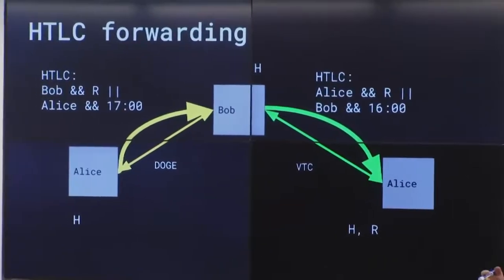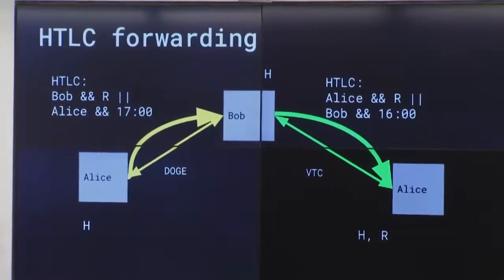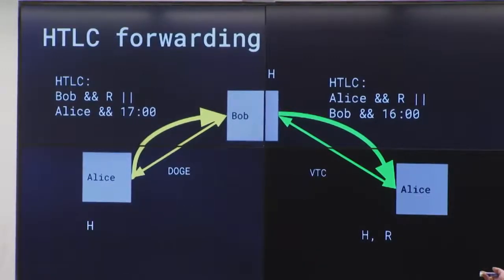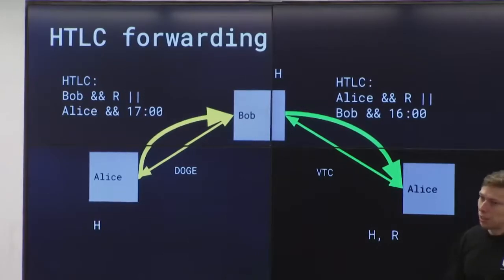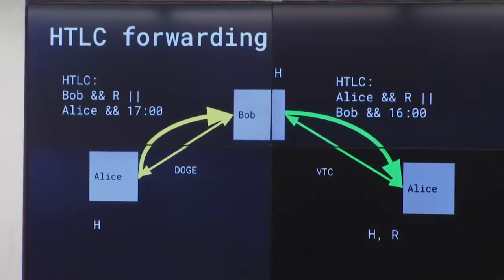But you want it long enough that you don't worry about these timing attacks where someone immediately broadcasts and now you only have an hour and maybe the blockchain's congested. Versus the annoyance of, oh, it closed and now I have to wait until 5 p.m. So those are the trade-offs there. Any other questions? Okay.